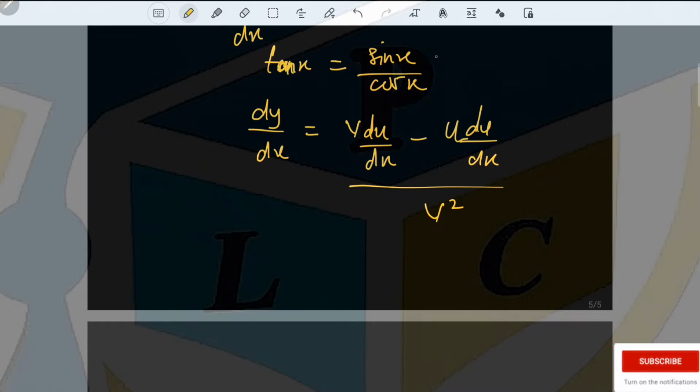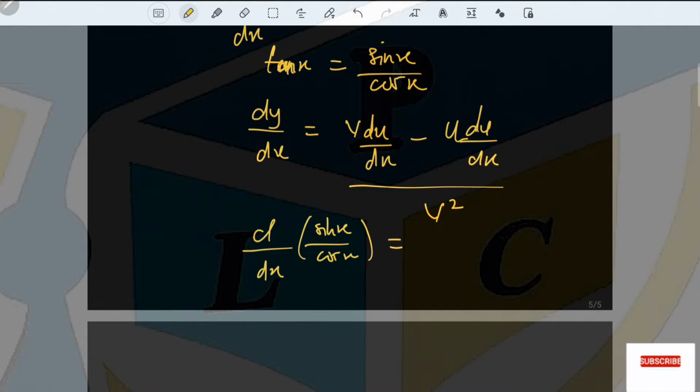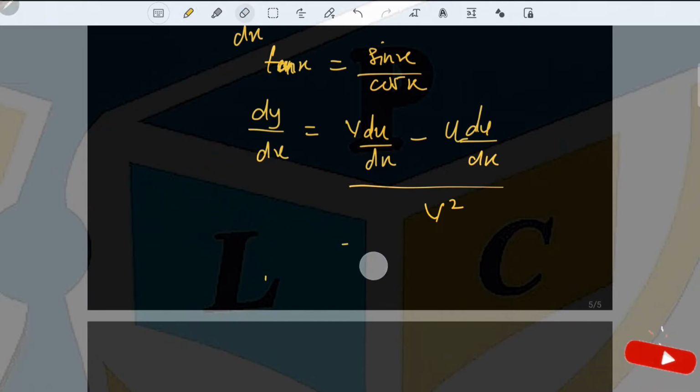It's equal to sine x over cos x. I can say that the differential of sine x over cos x is going to be, so let's make a representation even before we start with the differential, so I get it clearer.